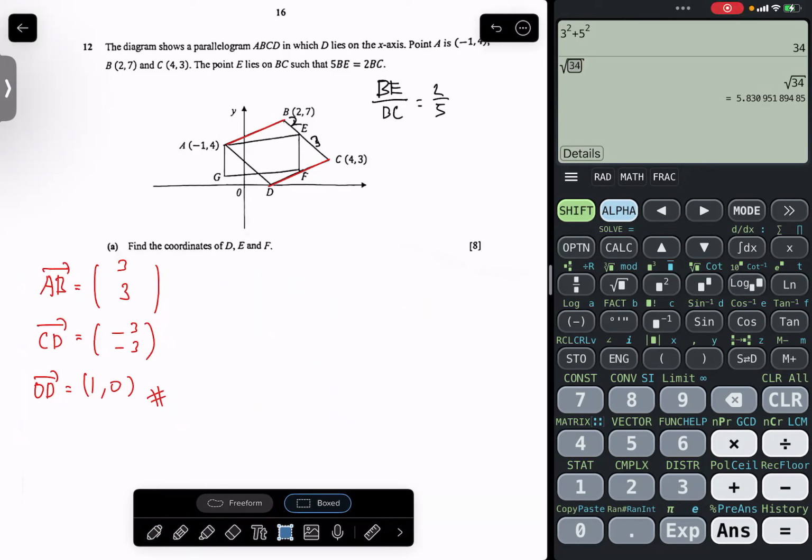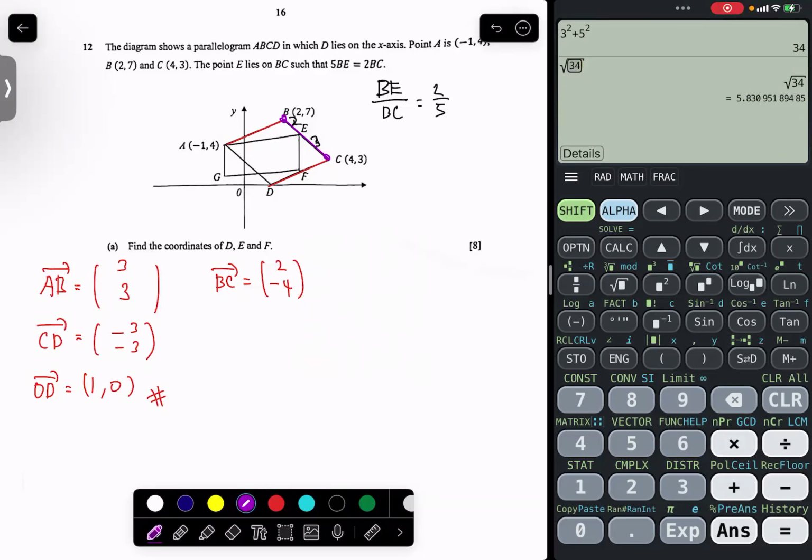Okay, E. We can use proportions to find it. We can use vectors as well. So the vector BC is equal to (2, -4). Think of it this way: I'm at coordinates (2, 7) and I end up at (4, 3).